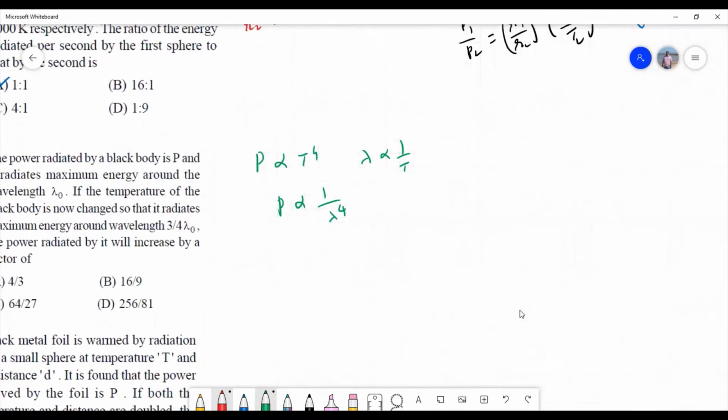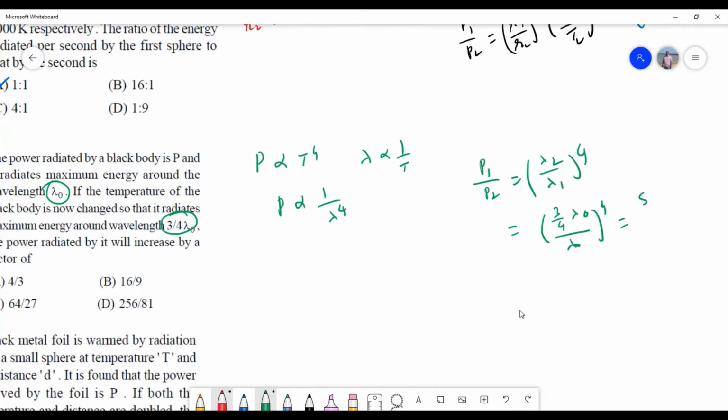So let's substitute that. P1 upon P2 is lambda 2 by lambda 1 whole power 4, which is nothing but lambda 2 is 3 by 4 lambda naught, upon initial lambda naught, whole power 4.